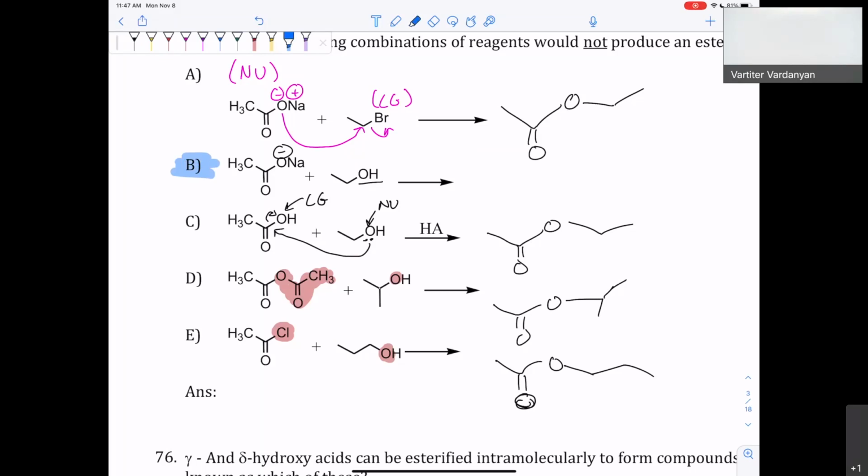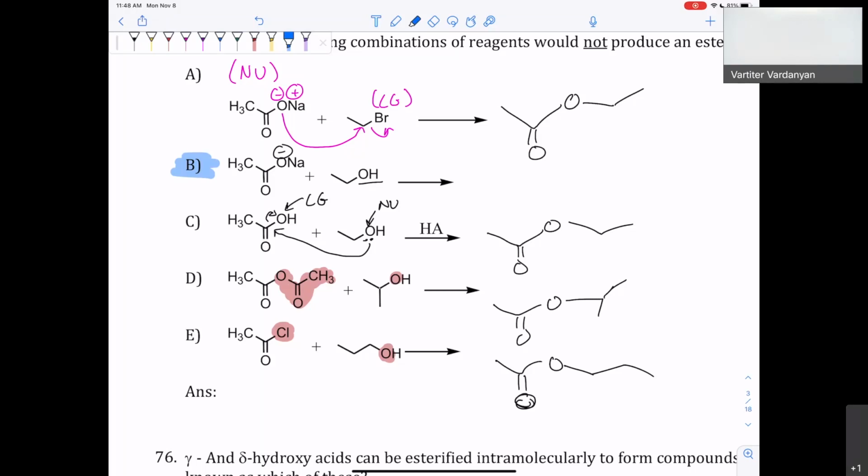Yes. So we could, if we had an acid, but theoretically an acid would protonate both of them. So it would still be like a weird reaction, if that makes sense. It could happen, but it's really unfavorable.